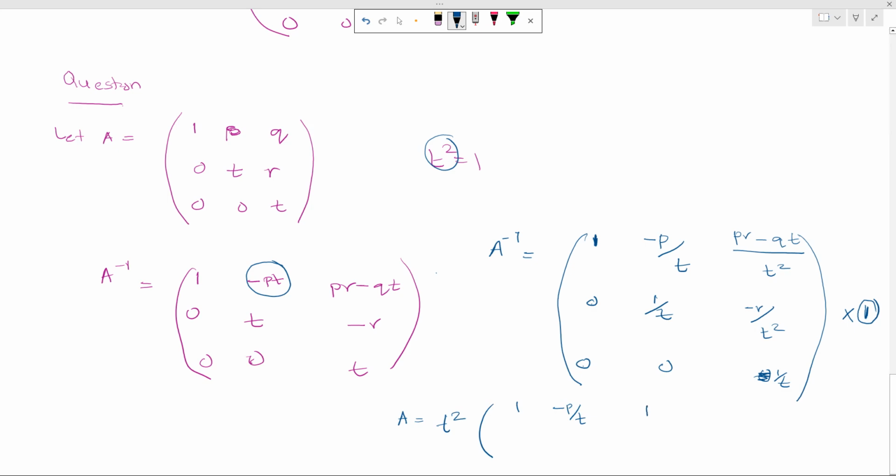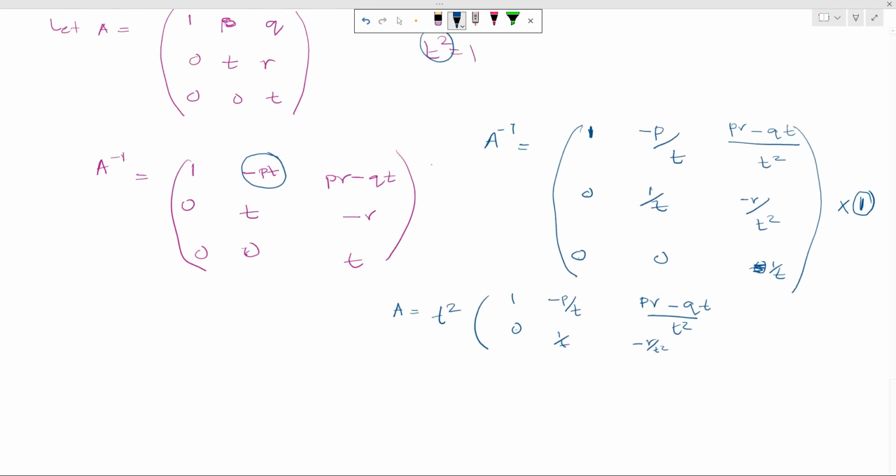PR minus QT divided by T squared, then 0, 1 divided by T, minus R divided by T squared, 0, 0, 1 divided by T. I'm sorry, I have made a mistake here.